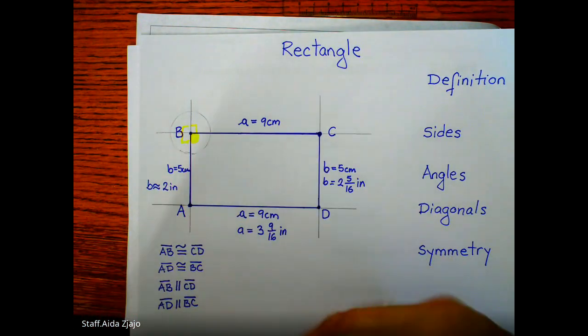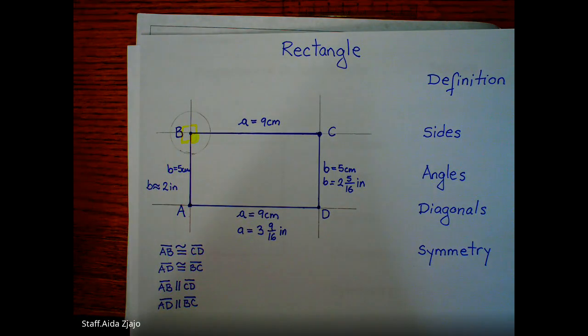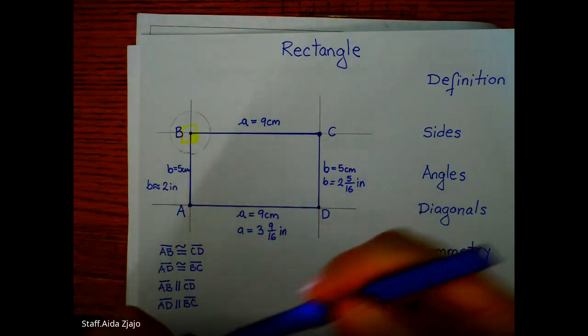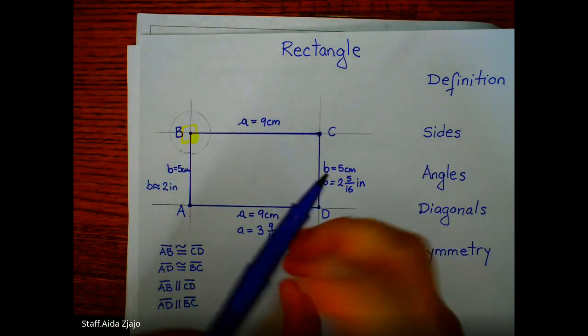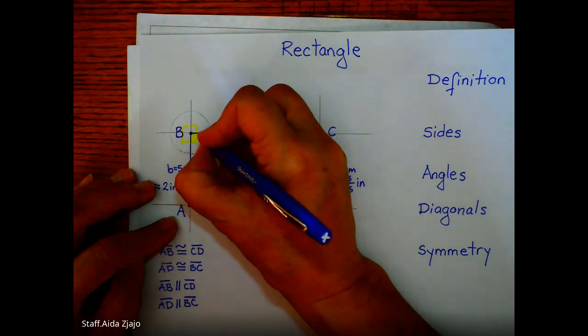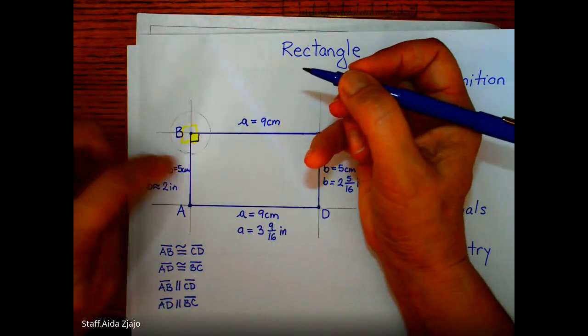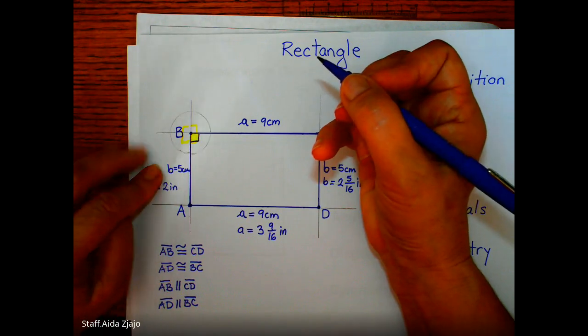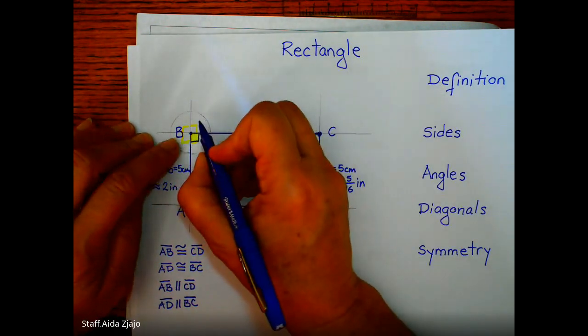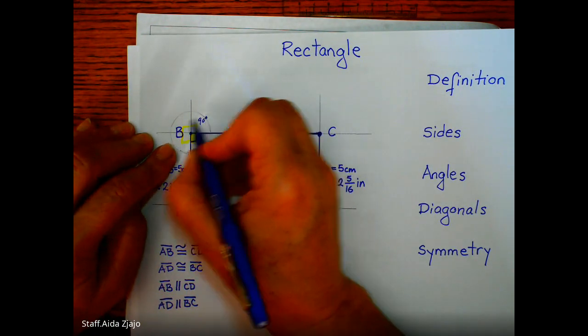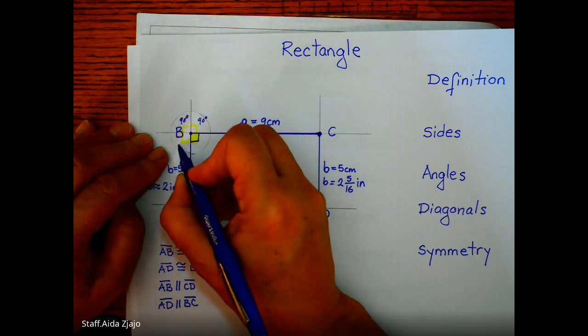So that means a right angle is 1/4 of a circle, and we know that mathematicians use 360 degrees to define the circle. So this must be 90 degrees, this must be 90 degrees, and this must be 90 degrees.